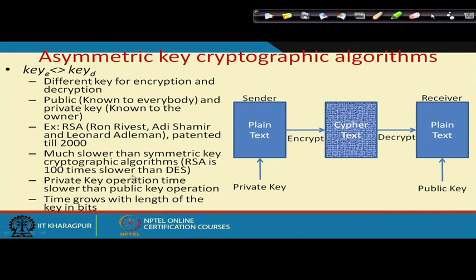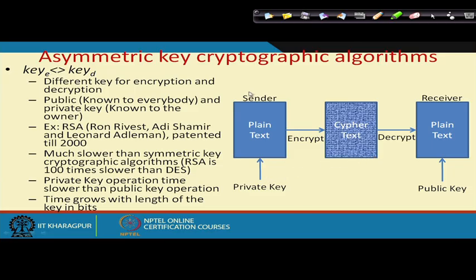This algorithm is much slower than the corresponding symmetric key algorithms. For example, RSA is almost 100 times slower than DES, which is a symmetric key algorithm. There are two operations here: one is the private key operation, another is the public key operation.